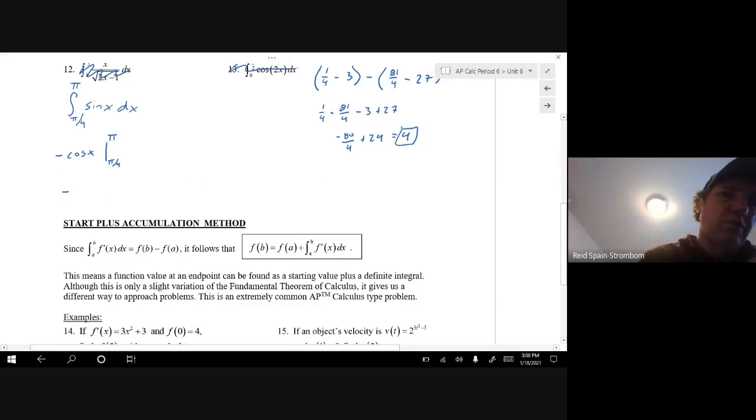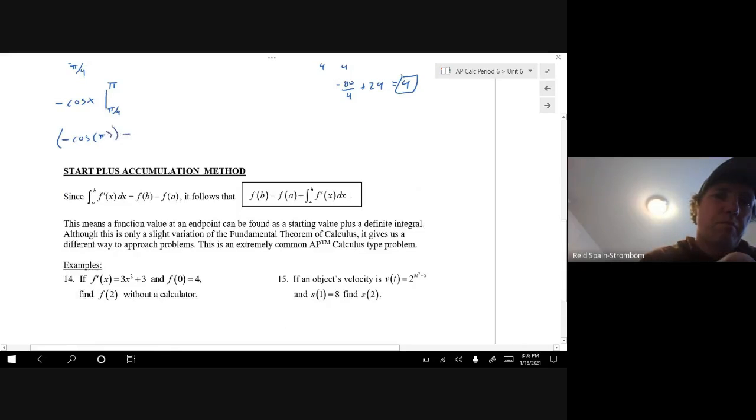So we'll have cosine of pi minus the negative of cosine pi over 4. So if I plug in pi into cosine, we end up getting -1, and then we're going to take the negative of that, so it's going to be positive 1.